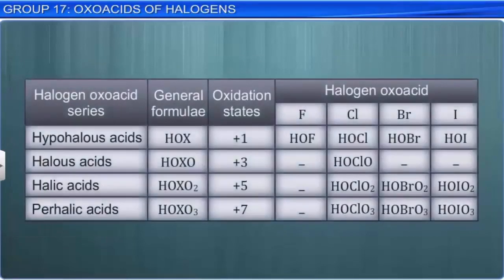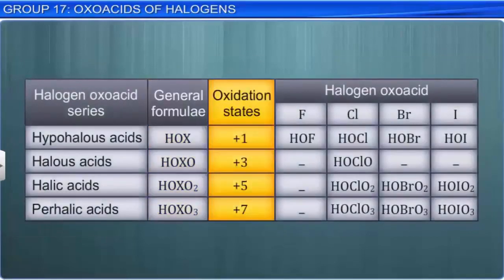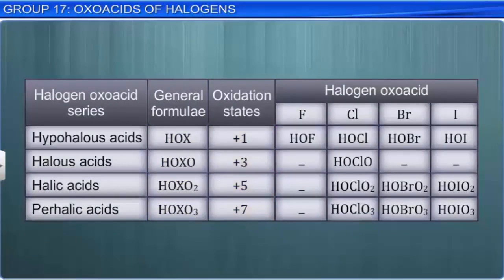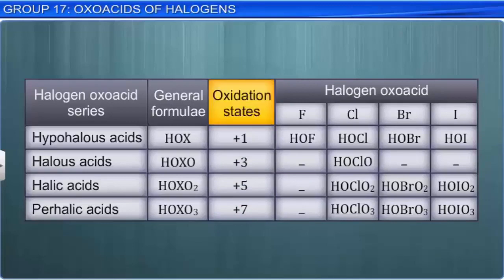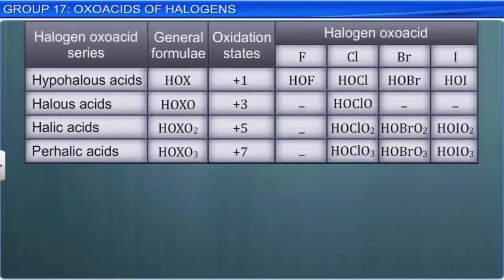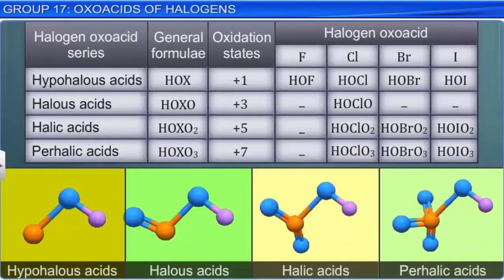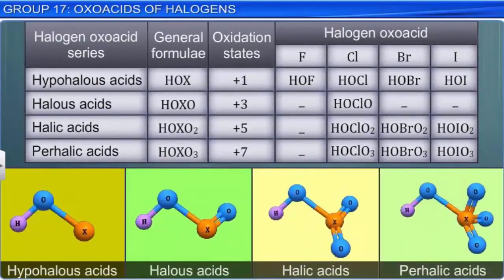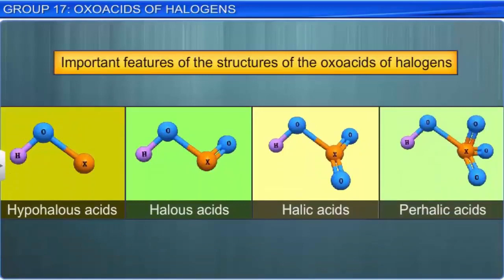The table here lists the formulae and oxidation states of the 4 series of oxo acids of each halogen. Note the oxidation state of the central atom, fluorine, chlorine, bromine, and iodine in each oxo acid. Examine the structures of the oxo acids given here. Let us now discuss some important features of the structures of the oxo acids of halogens.